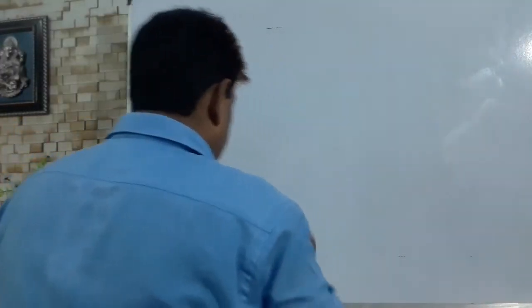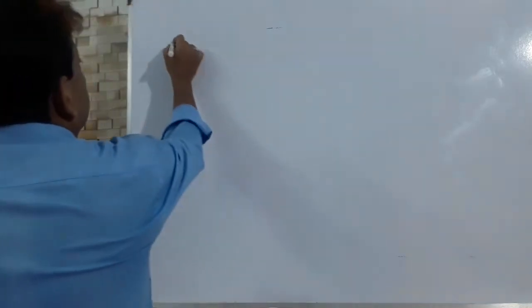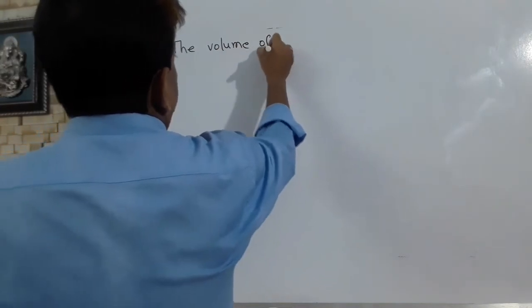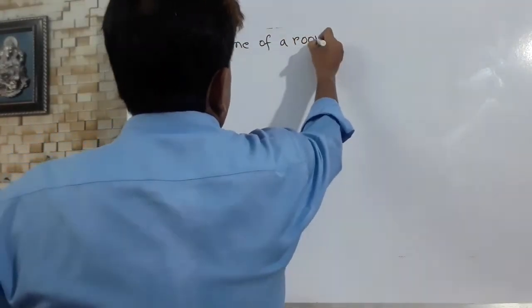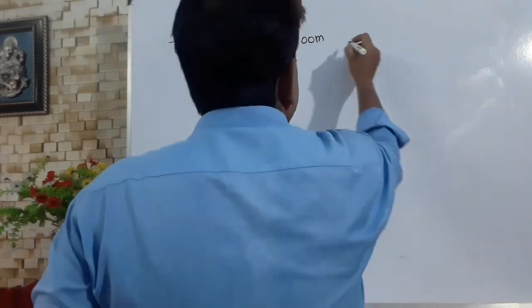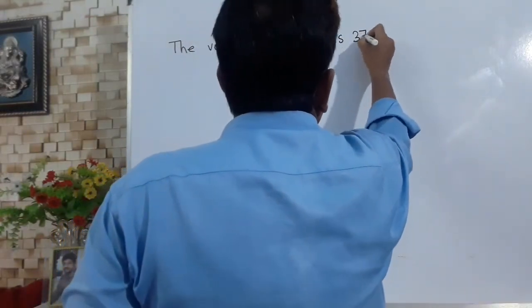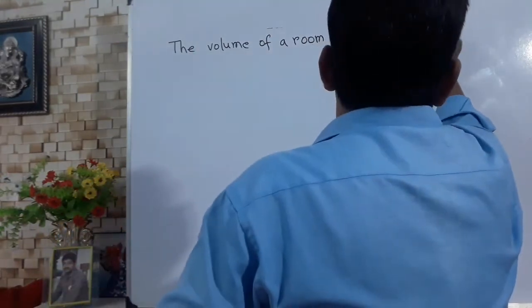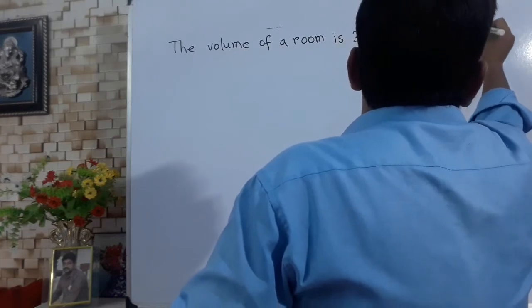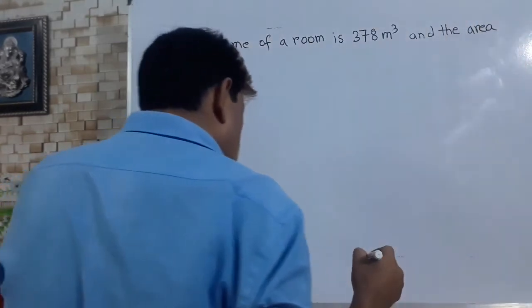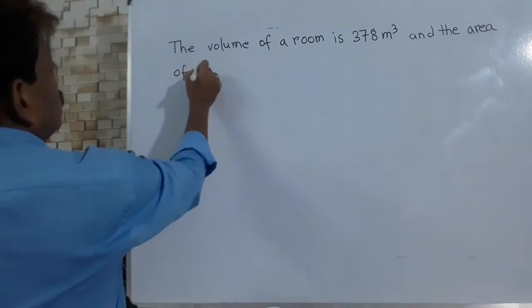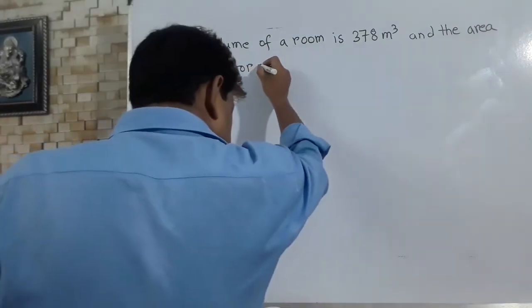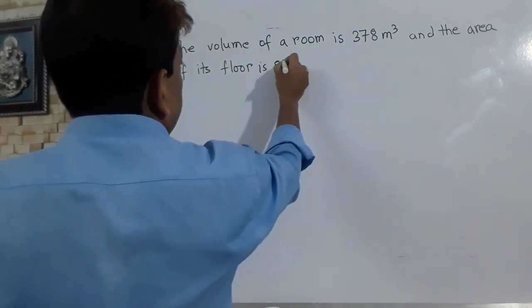One more question. It is given that the volume of a room is 378 meter cube, and the area of its floor is 84 meter square.